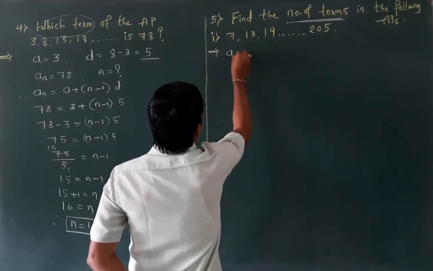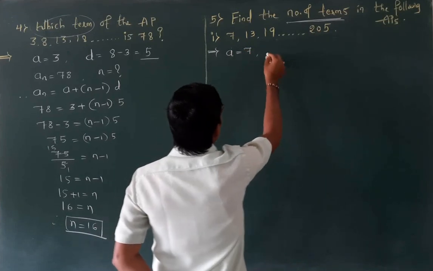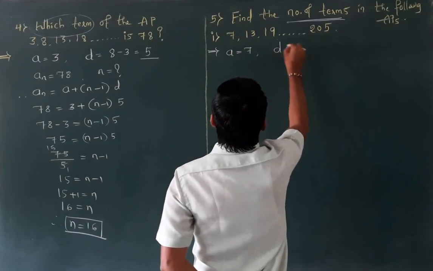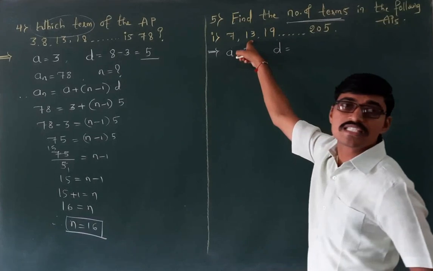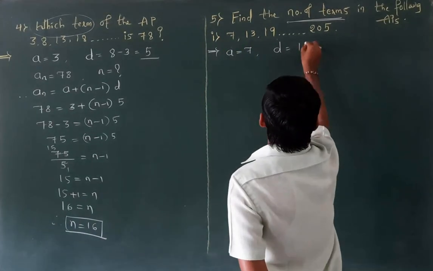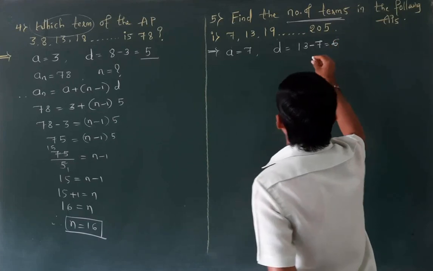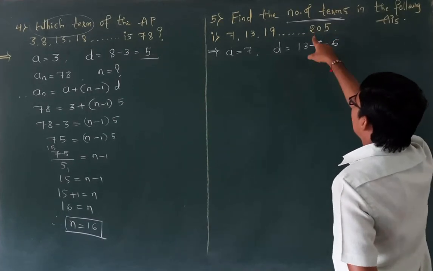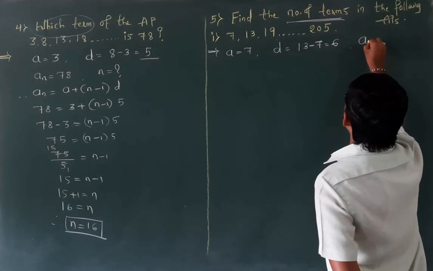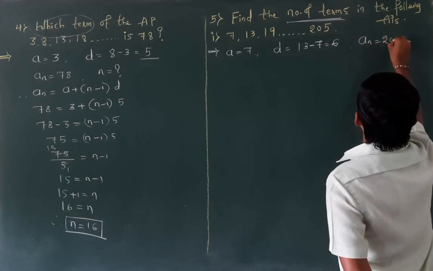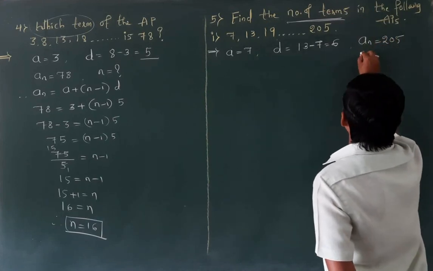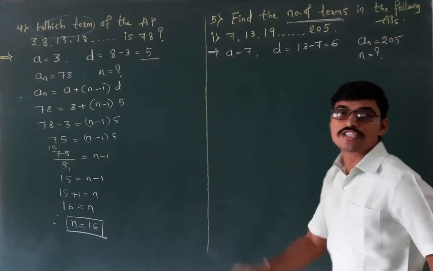First term, that is a is equal to 7. Then common difference d is equal to second term minus first term, that is 13 minus 7 is equal to 6. And also the nth term is given, last term an is equal to 205. So what is asked? n is equal to question mark.